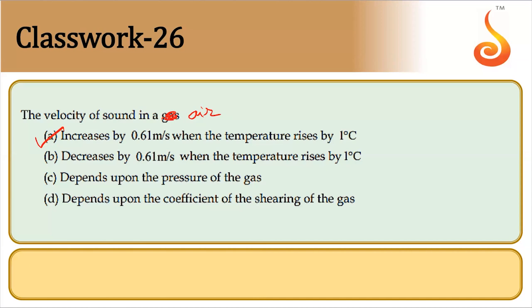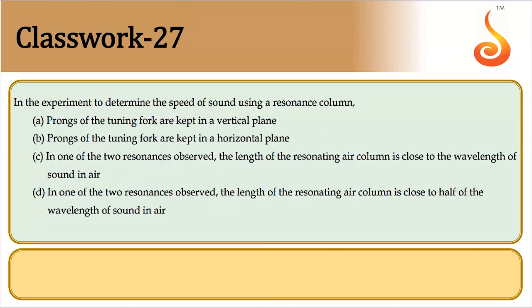Yes. Hope you have taken this. We shall move to next. In the experiment to determine speed of sound using resonance column, prongs of tuning fork are kept in vertical plane; prongs of tuning fork are kept in horizontal plane; in one of the two resonances observed, length of resonating air column is close to the wavelength of sound in air; in one of the two resonances observed, length of the resonating column is close to half the wavelength of sound in air.